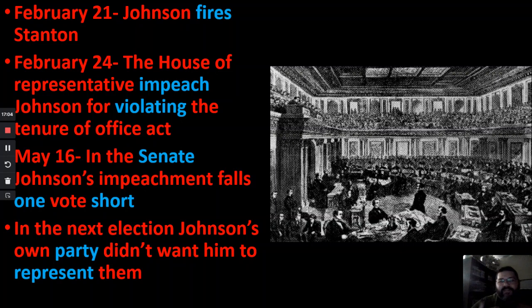If you want to run for president, you better join that other political party. So he kind of looks at them and they're like, we don't want you. So neither political party really wants him to run for president. That's kind of sad if you really think about it, where he's such a bad president, both political parties don't want him.